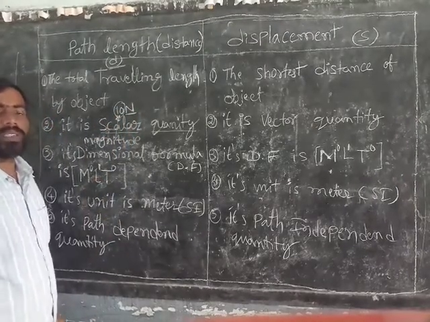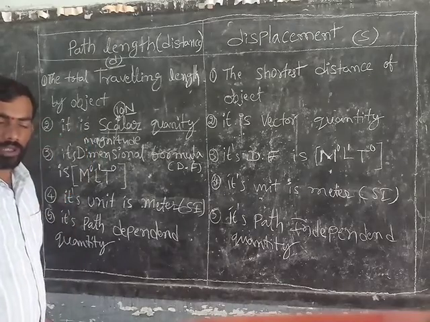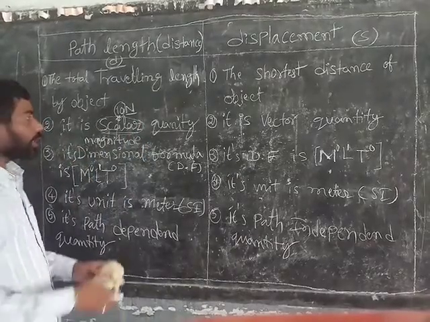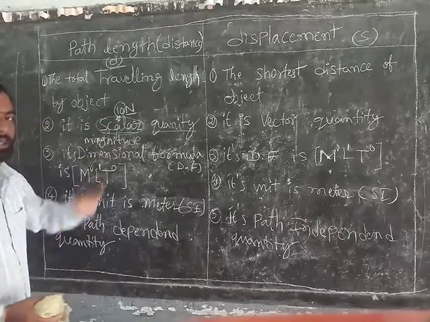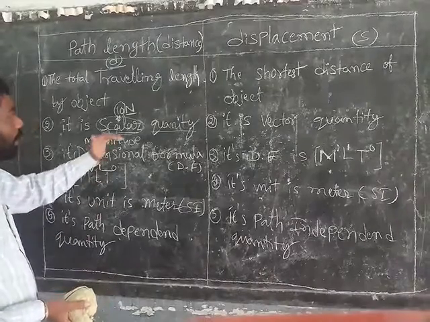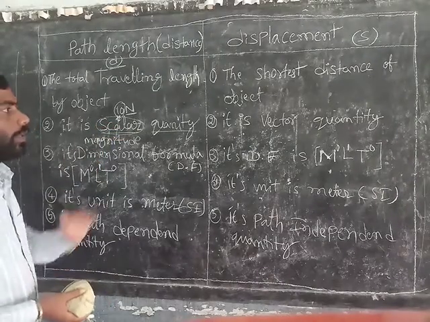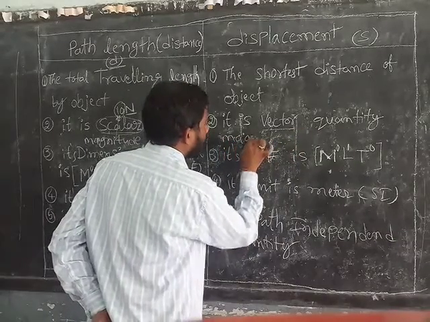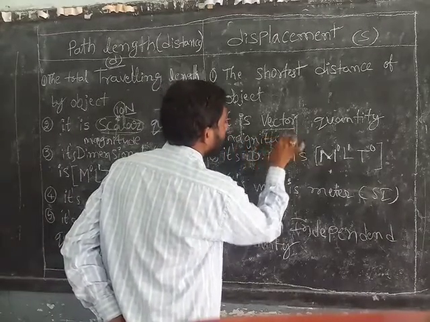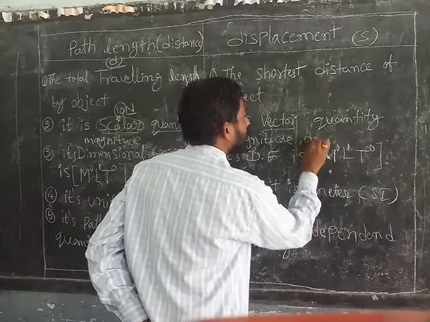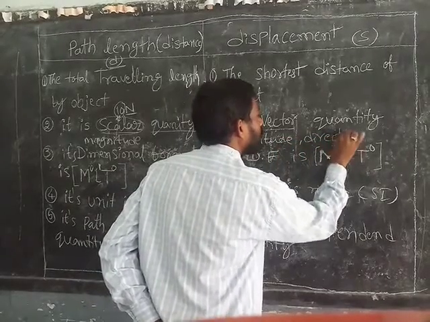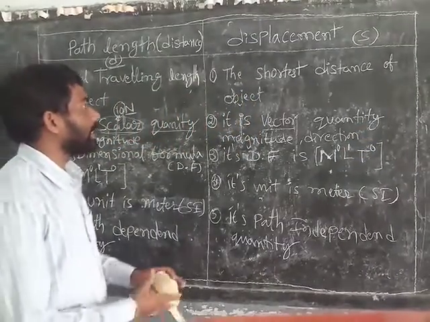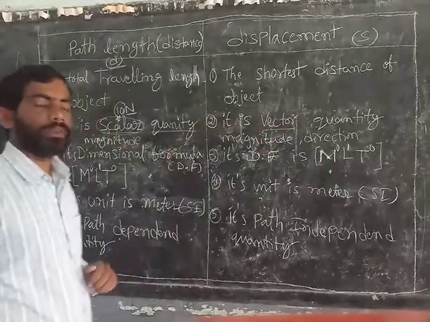So all numbers are magnitudes, and all numbers are scalars. So a scalar has only magnitude and does not have direction. A vector has magnitude as well as direction. Those physical quantities are called vector quantities.